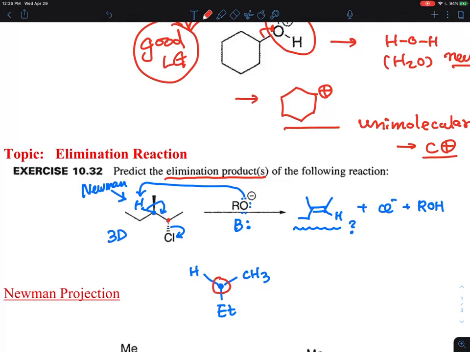So you are looking through this sigma bond shown up here, okay? And then I will see that this methyl here and this ethyl here are on the same plane. So that means the ethyl and the methyl are on the same plane. So this is what I'm going to write, CH3.